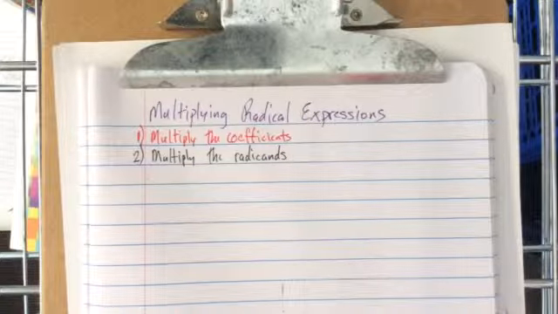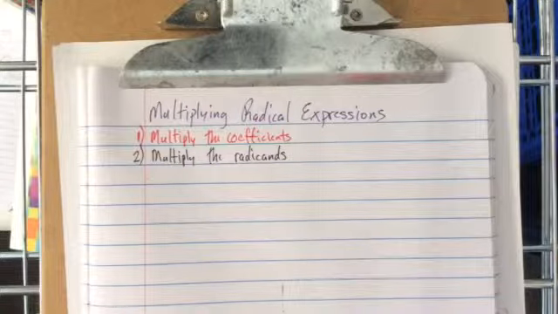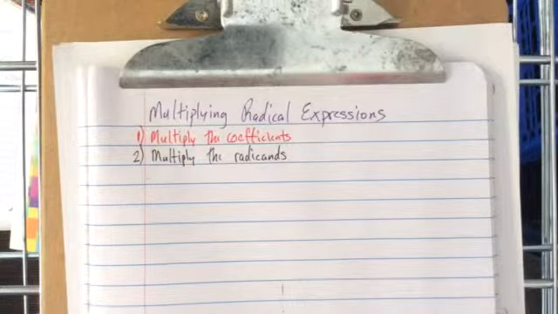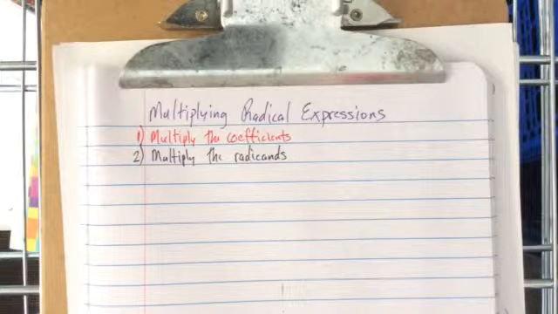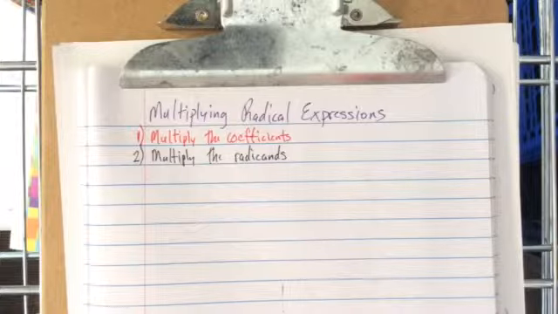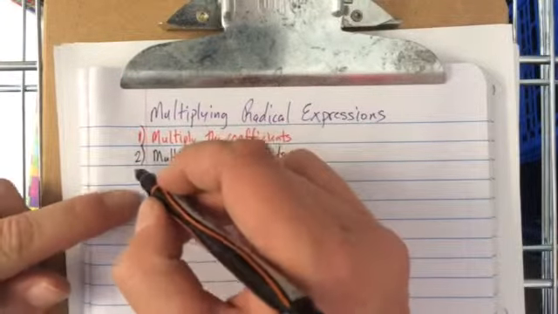What is the radicand? Greta: The number underneath the radical symbol. Very good. So, multiply coefficients, multiply the radicands, and now this looks like a problem we've already done. So, simplify the radicand is the third step.